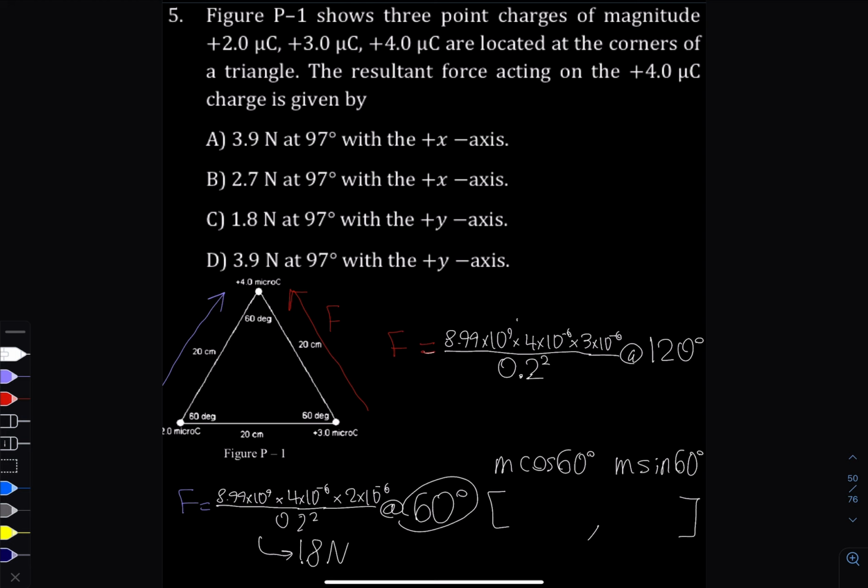And if we multiply 1.8 newtons by cosine of 60, we will get 0.9 newtons. And if we multiply 1.8 newtons by sine of 60, we will get 1.56 newtons. So those are the components for this first one.